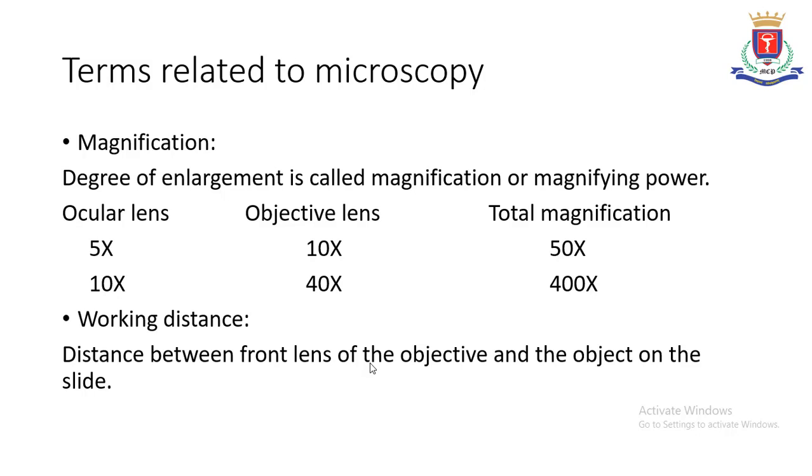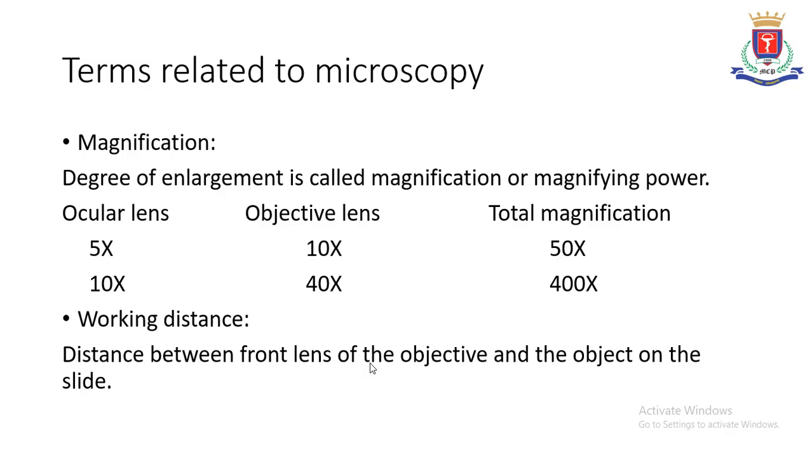The total magnification can be calculated by multiplying the power of the ocular lens with the objective lens. Say for example, 5x is the ocular lens and 10x is the objective lens. So the total magnification observed will be 5x times 10x, that is 50x. That is, the image will appear 50 times larger as compared to the original size of the specimen.